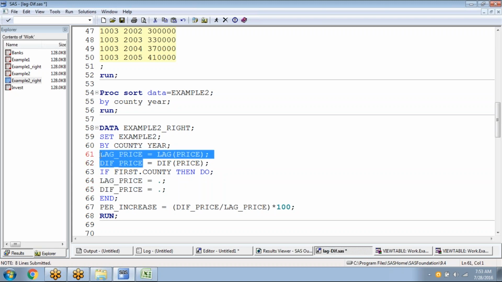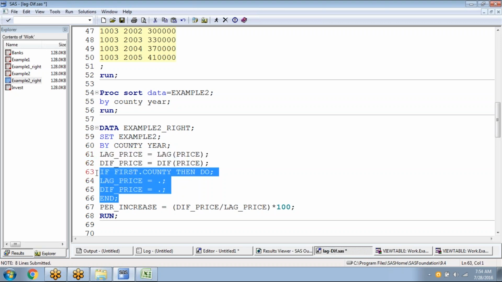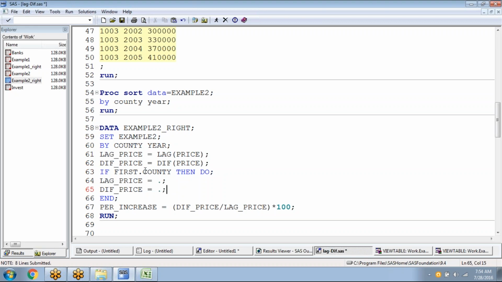I want to make it as missing. If it is the first record for each county, I want to make it as dot.